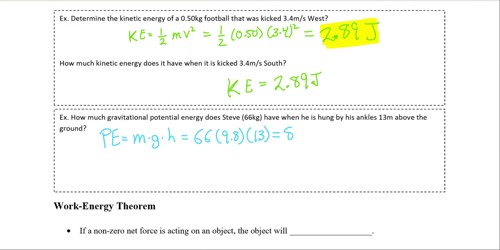So we see that's 8,400 joules of potential gravitational energy. That's 8,400 joules of energy that can be turned into moving Steve.